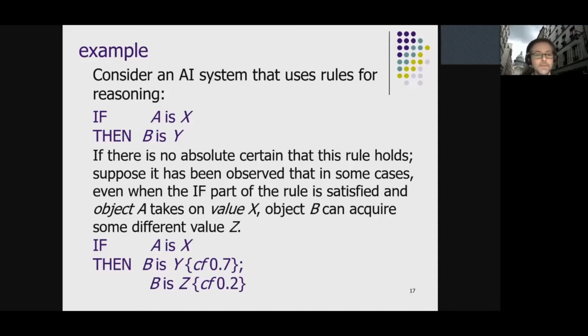And the evidence that we have here is represented by the rule if A is X, then B is Y with certainty 0.7. B is Z with certainty 0.2. Okay, so there are two alternatives basically for B, and each one has a different degree of certainty, 0.7 and 0.2.